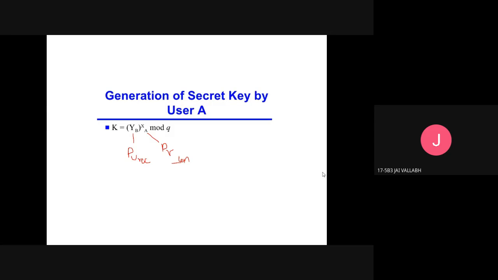Next, we'll be calculating the secret key. The whole Diffie-Hellman algorithm lies in calculating the secret key. We'll be seeing why calculation of the secret key is important. Now, first we'll be calculating the secret key at the sender side. For that, we'll be using the public key of the receiver, which is YB, as I have written in the heading, power, the private key of the sender, as the private key of the sender is only known to the sender and none of the other users in the network will be knowing it.